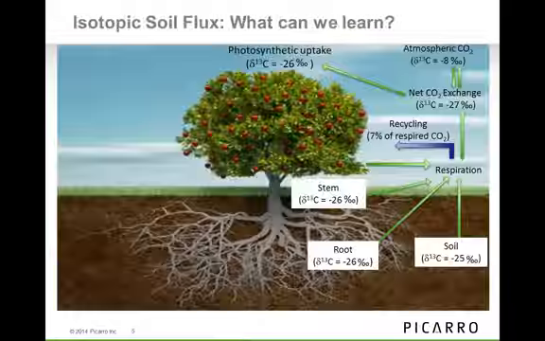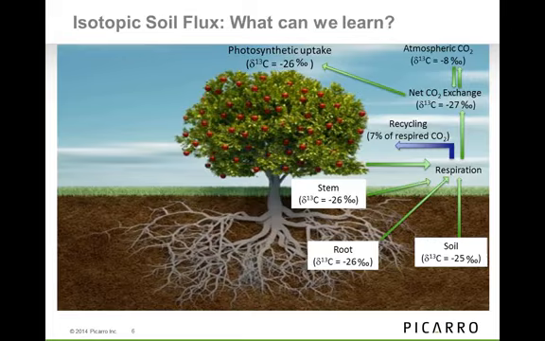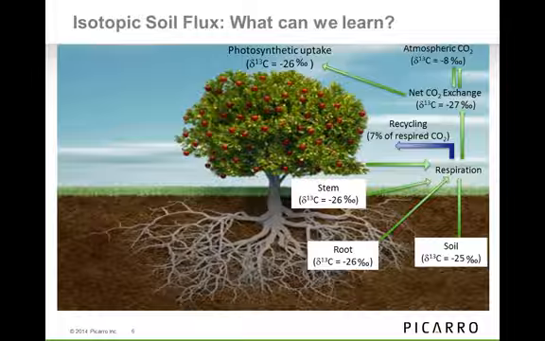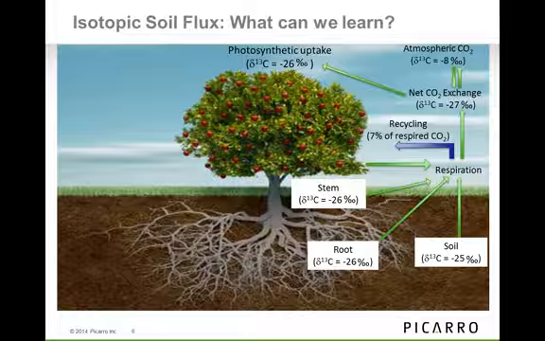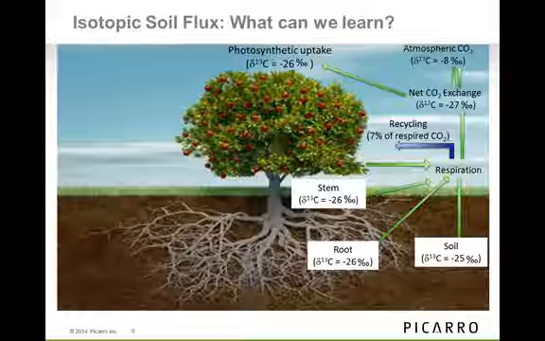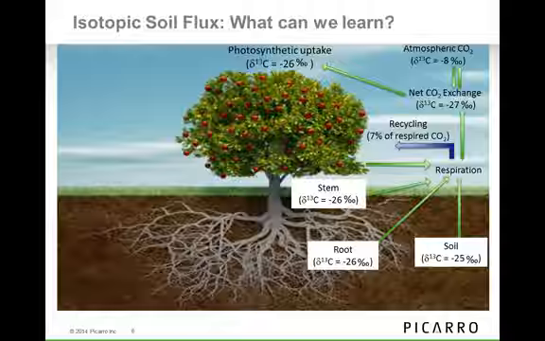Speaking of isotopic carbon, I would like just to talk a little bit about isotopic soil flux, and show how the fractionation of carbon can be used as a tracer within soil and the carbon system, including the soil respiration. As you see, these values are approximate.